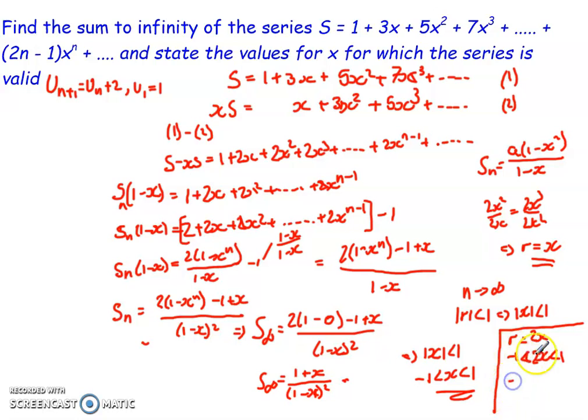So I'd know if I divided through by 2 that my value for x would have to be somewhere between negative a half and a half. It's not always guaranteed to be this, so we have to make sure we're aware of that. We have to pick the right common ratio by looking at the terms when we get to this stage here. So bear that in mind.